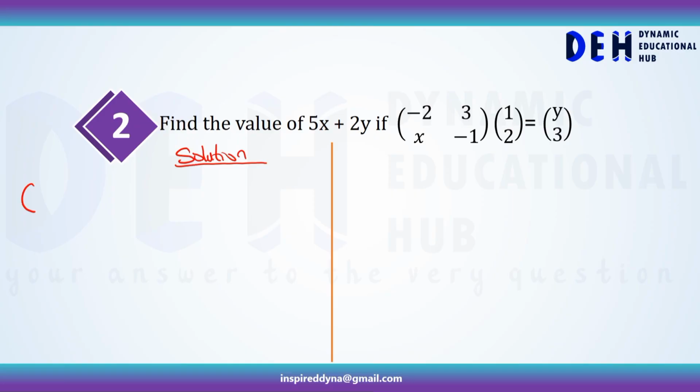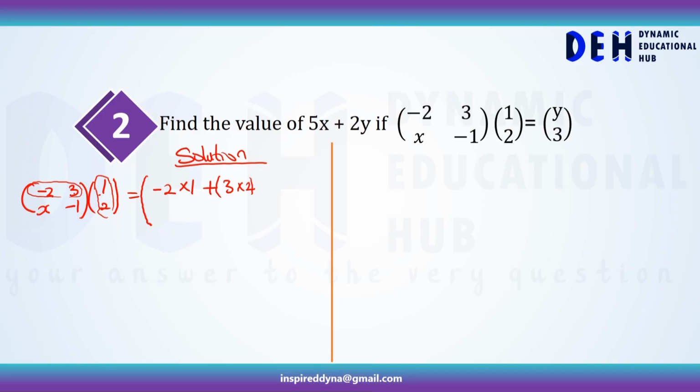To multiply [-2, 3; x, -1] by this 1 and 2 here, don't forget, when you want to multiply, it is row against column. So you have this multiplied by this first. You have minus 2 times 1 plus 3 times 2.